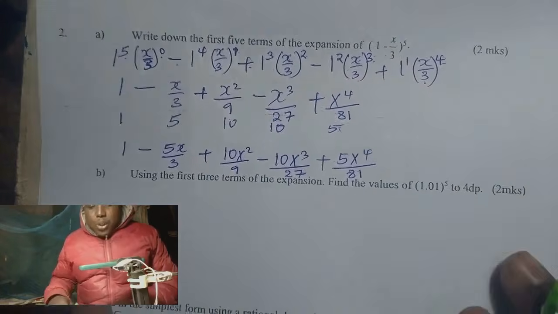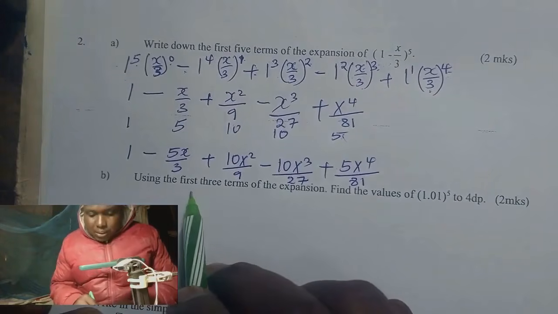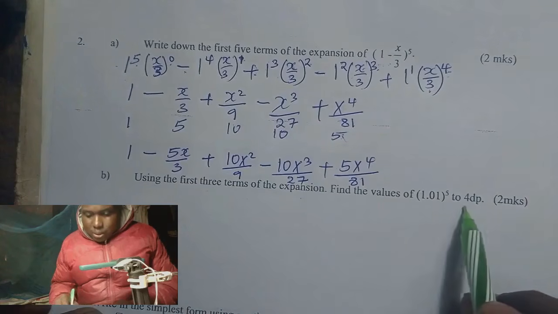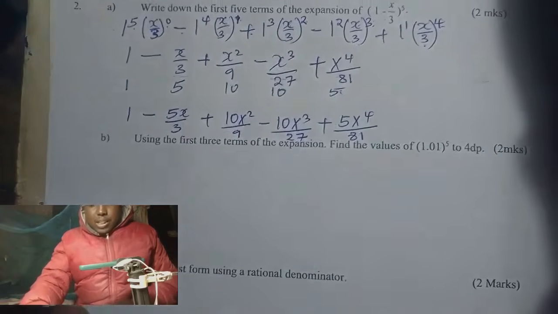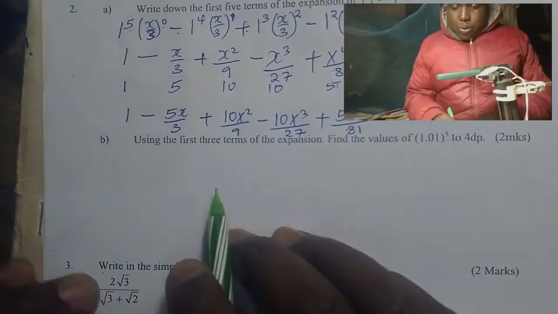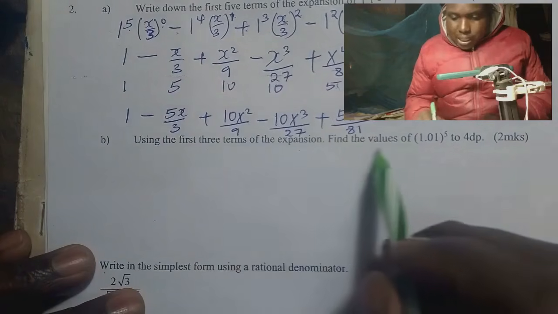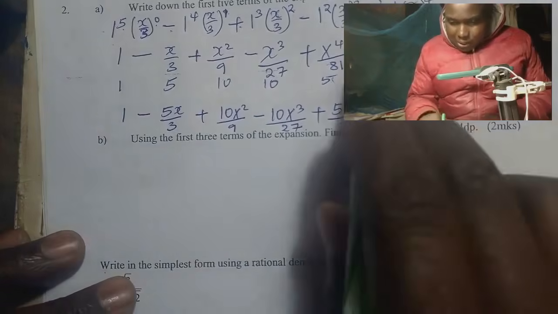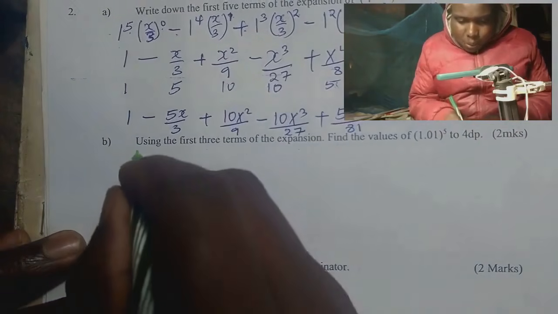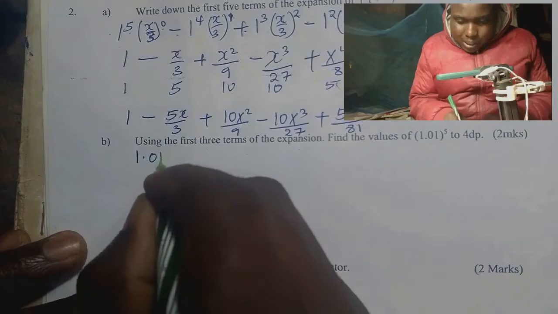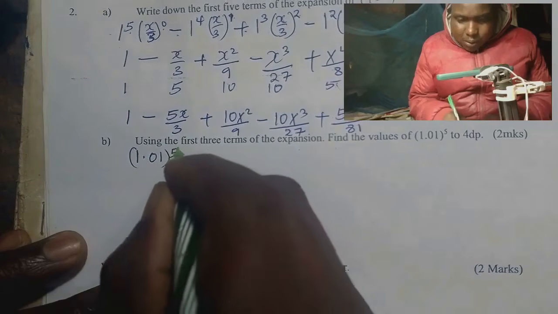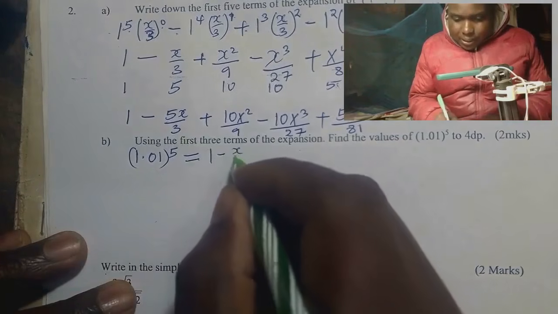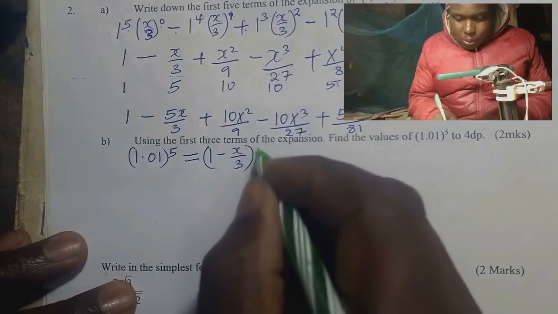Now use the expansion. Using the first 3 terms of the expansion, find the value of this. So we are going to use this expansion to solve this, but first we need to get to know what this means. This one is actually this, so it means that 1.01 raised to power 5 is equal to 1 minus x over 3 raised to power 5.